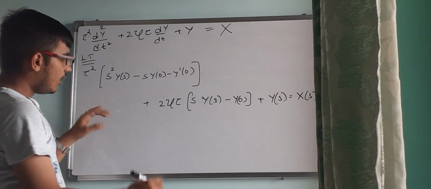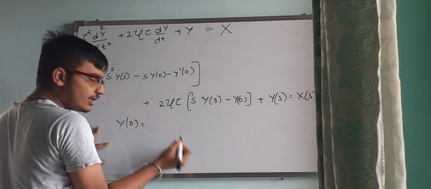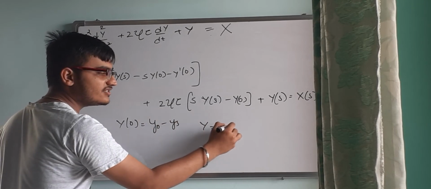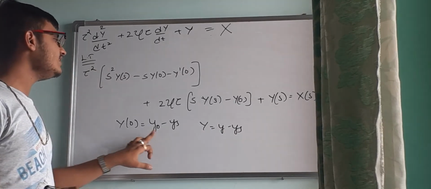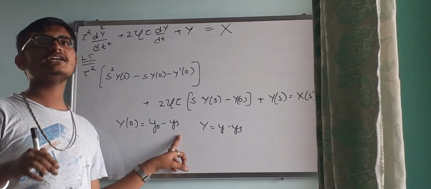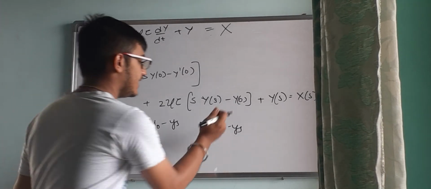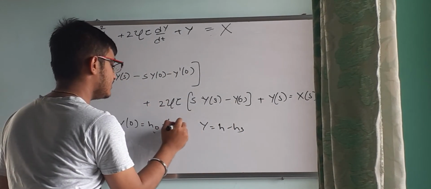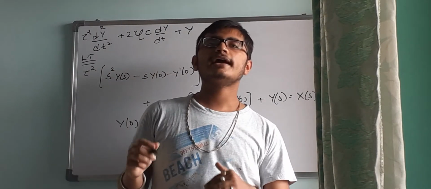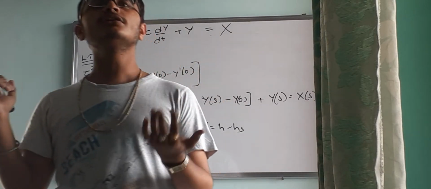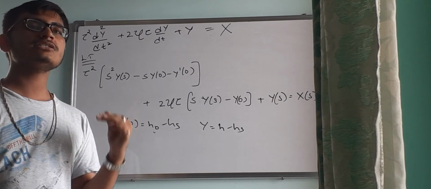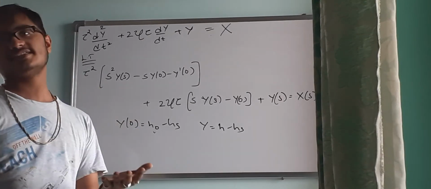Now Y of 0 is what? Capital Y is h minus hs, so Y of 0 will be h naught minus hs, the initial height. Initial height and the steady state height will be the same, because you always wait to begin the calculations until the system reaches the steady state.